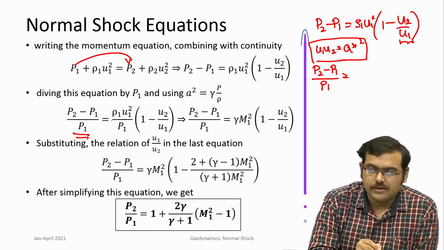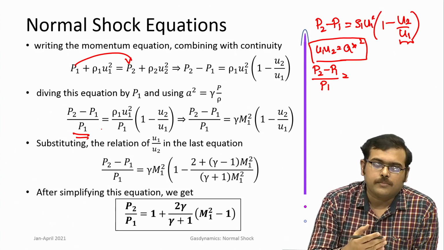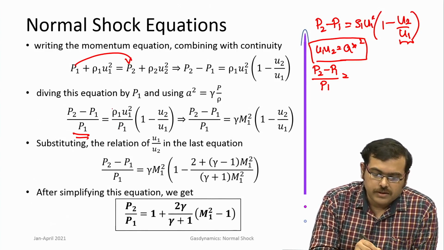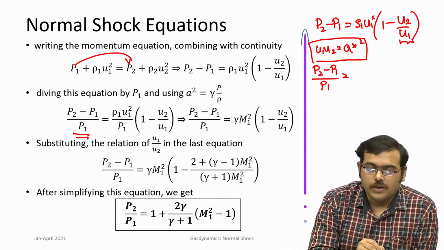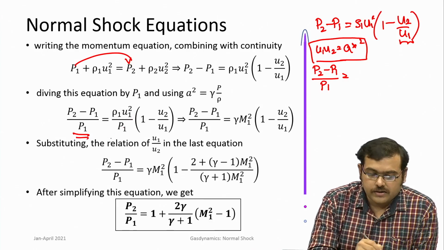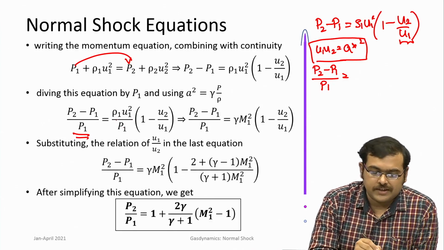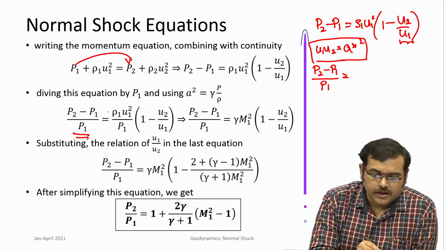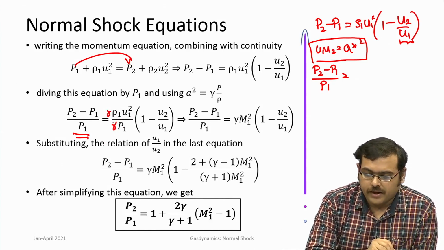Now, a combination that comes up again and again in gas dynamics is P by rho. If you come across this combination P by rho, it can be converted to the speed of sound for a perfect gas by multiplying and dividing by gamma.